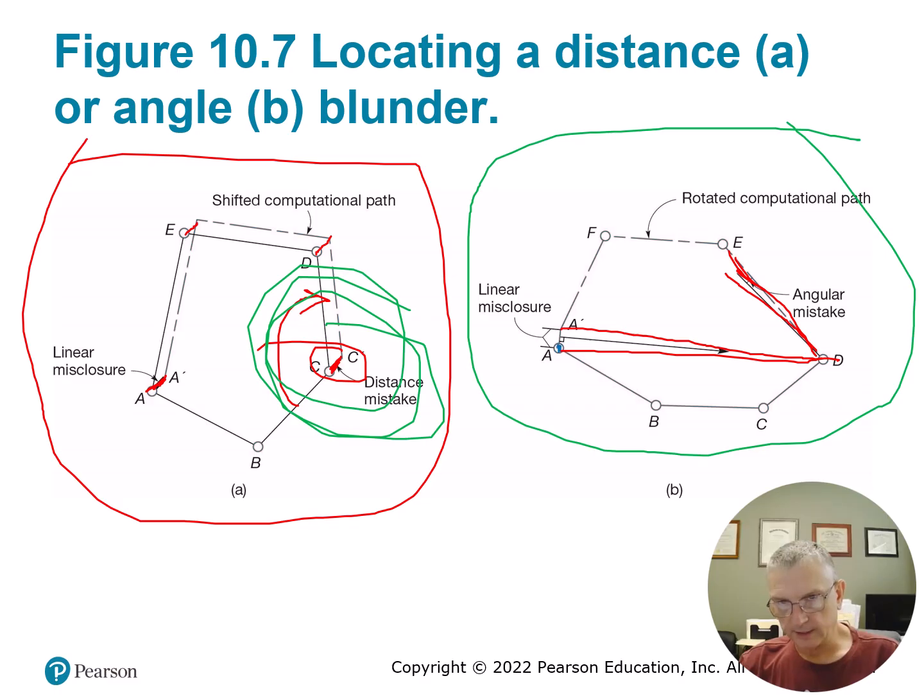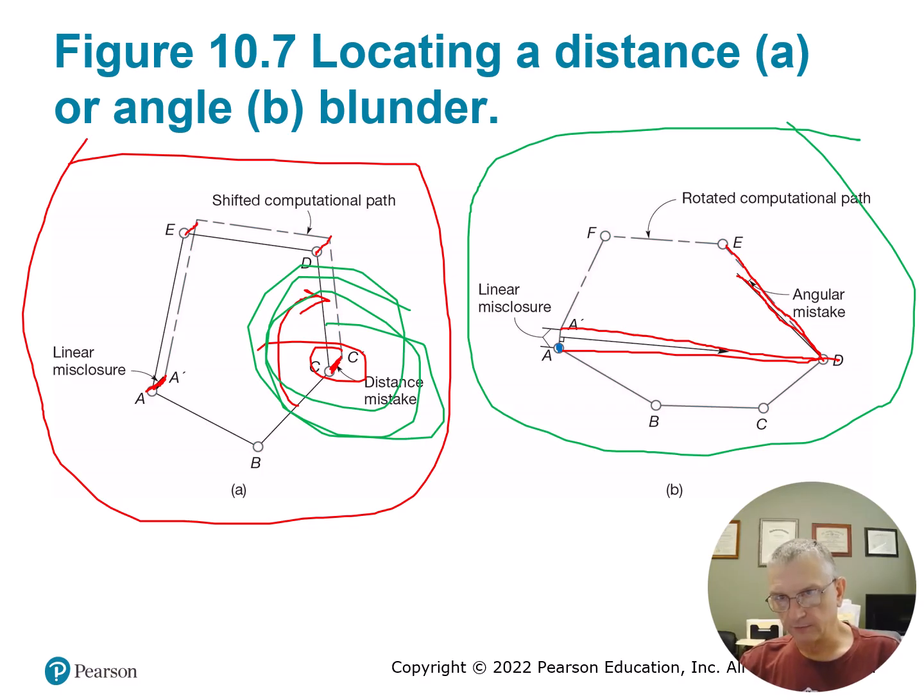We started here at A, and we've traversed around, but we made this mistake right here, and we should have measured the line out here to this line, but instead we've measured that angle bigger, and that's our angular mistake.